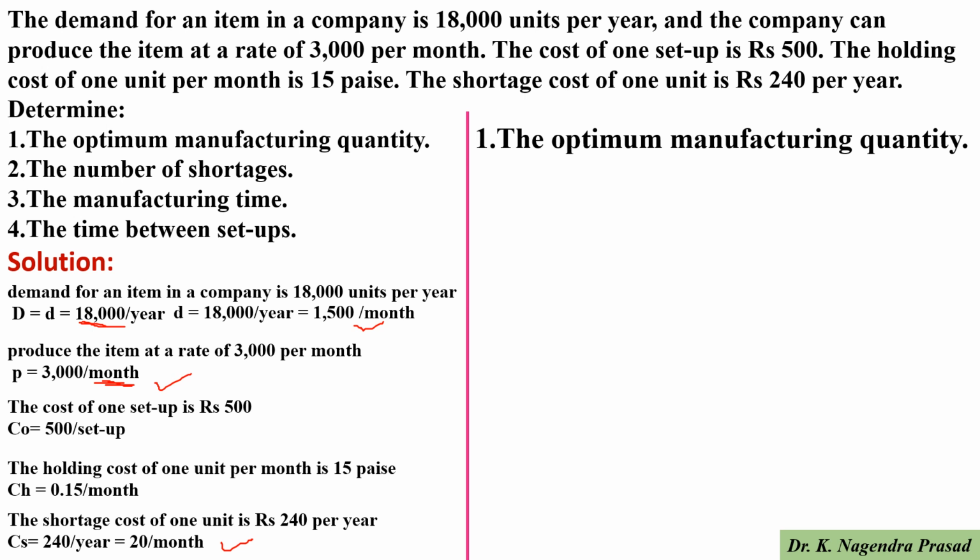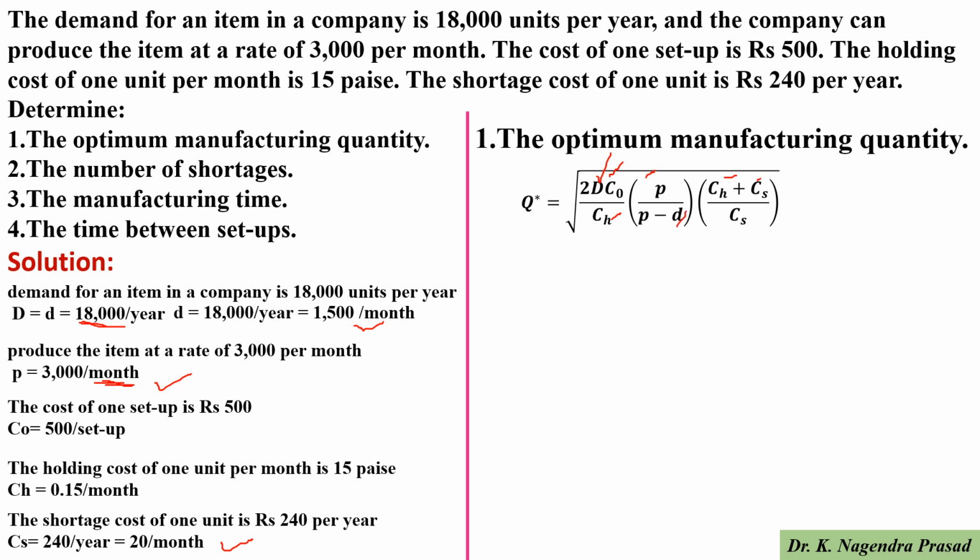First, you have to determine the optimum manufacturing quantity, which is the total manufacturing quantity Q star. We know the formula: Q star equals the root of 2 D C0 by CH, into P divided by P minus D, into CH plus CS divided by CS. In the data we know D, C0, CH, P, and CS.